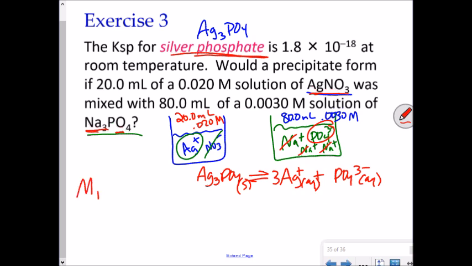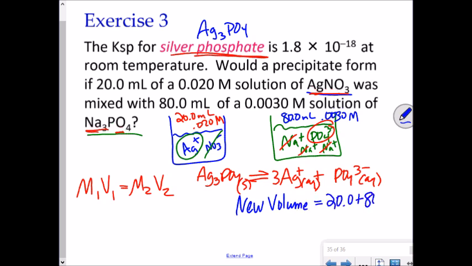Yes, we're going to use that one, and we have to do it for both. So, what's our new volume going to be? The 20 plus the 80 gives us 100 milliliters. So there's our new volume. Got to know that.